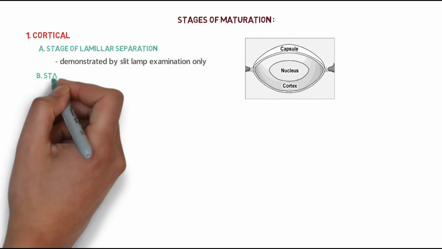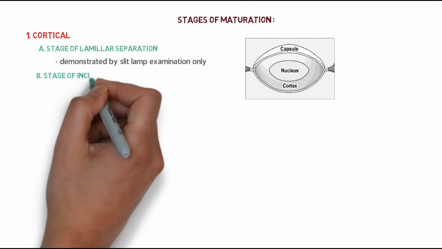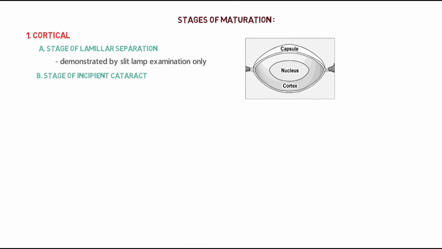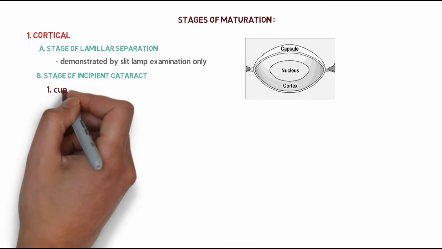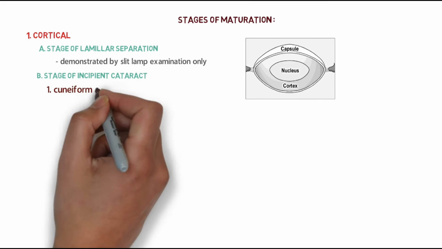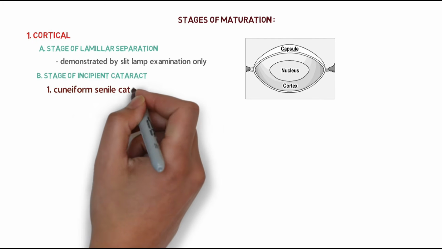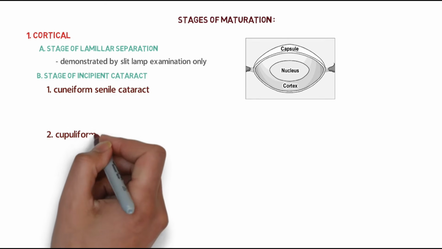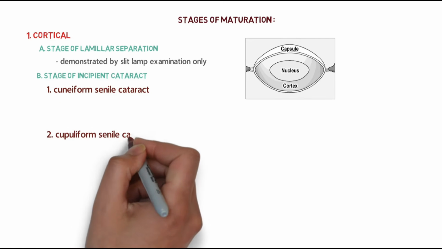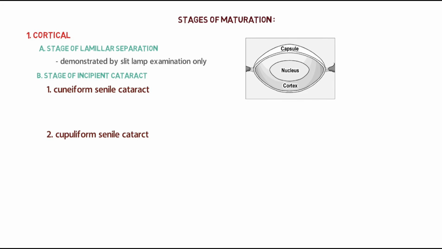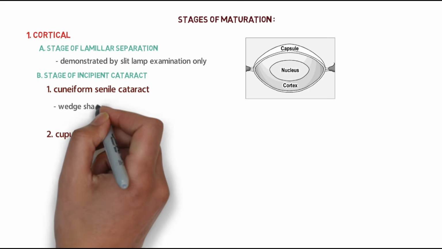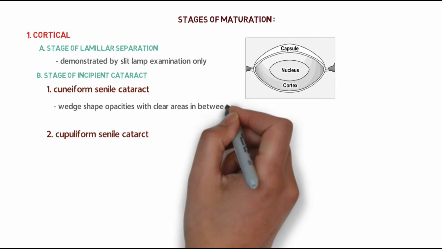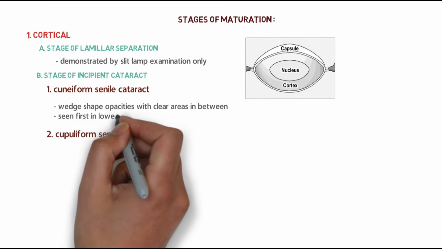The second stage is the stage of incipient cataract. At this stage, two types of cortical cataract can be seen. The first is cuneiform senile cataract and the second is cupuliform senile cataract. Cuneiform senile cataract is characterized by wedge-shaped opacities with clear areas in between, seen first in the lower nasal quadrant.